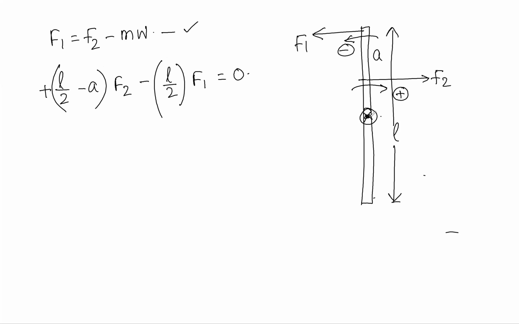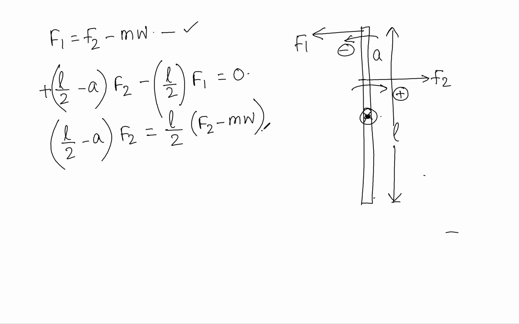Okay, so we took the center of mass as the axis. So you can write L by 2 minus A into F2 is equal to L by 2 times F1. We do not know F1, so we'll put the value that we derived, which is F2 minus MW. Now let's write this out.